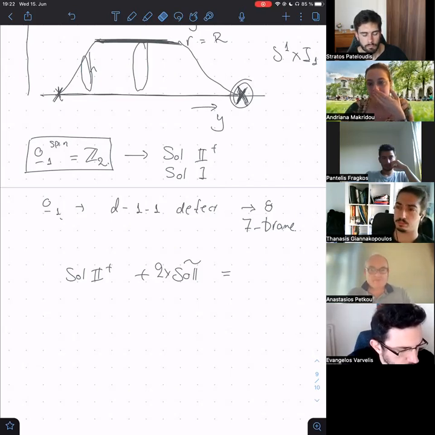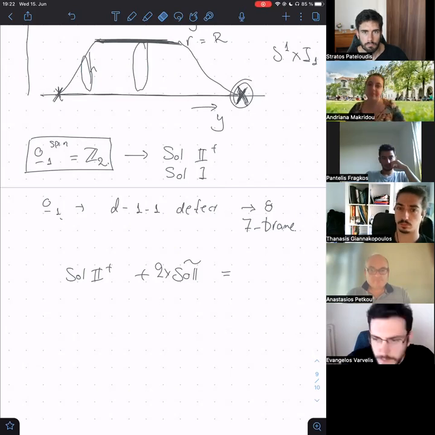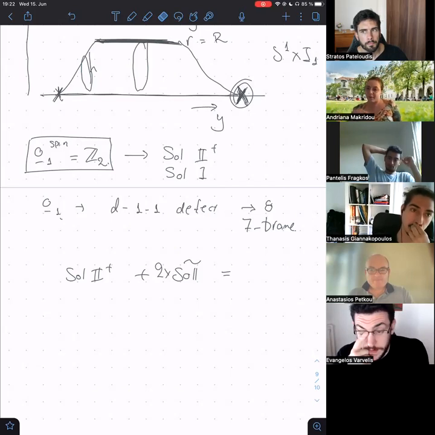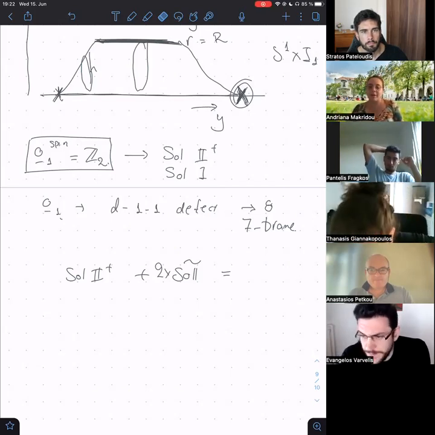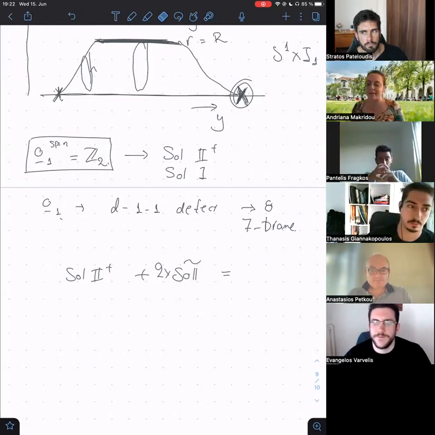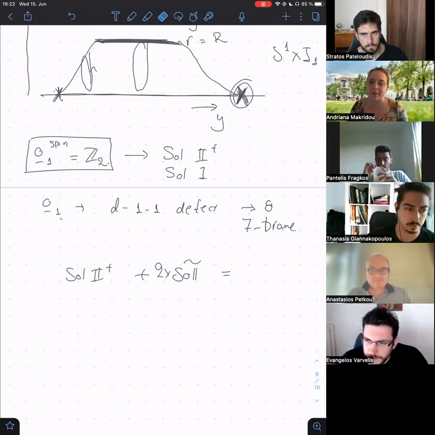Or there are other setups in string theory. For example, you take F-theory compactifications and take the limit, effectively F-theory to type 2b. You modify your compactification manifold, and they say that this is indeed a finite energy domain wall.